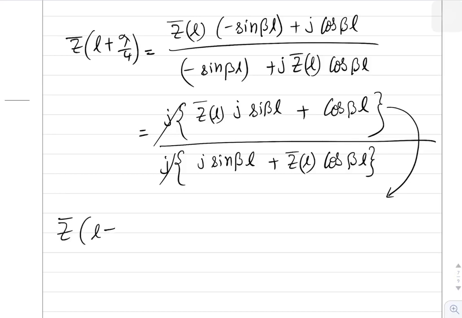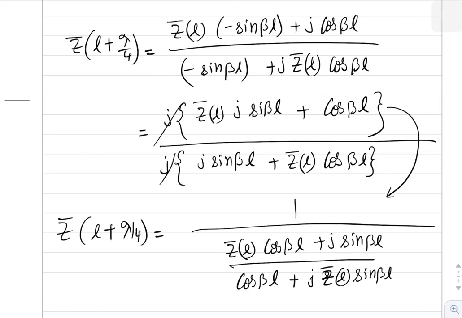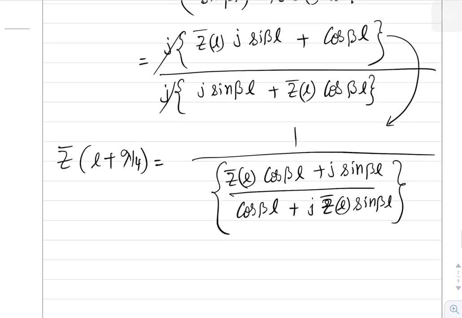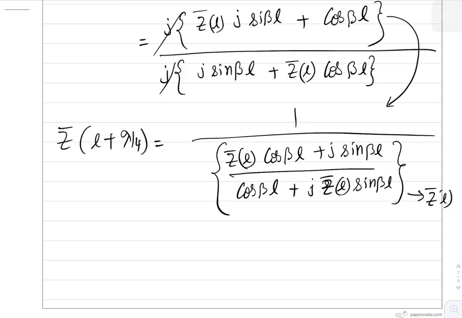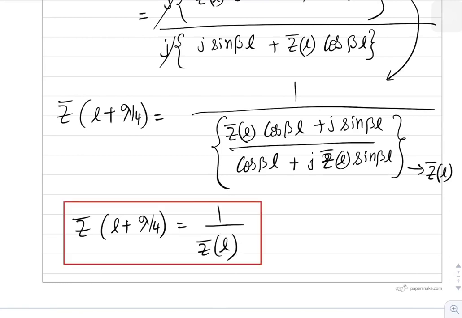Then I can write z bar of L plus lambda by 4 equal to 1 by z bar of L cos beta L plus j sin beta L, divided by cos beta L plus j Z bar of L sin beta L. And the expression in braces is nothing but our Z bar of L. I can write Z bar of L plus lambda by 4 is equal to 1 by Z bar of L, which means on a transmission line, if you move a distance of lambda by 4, the normalized impedance just inverts.